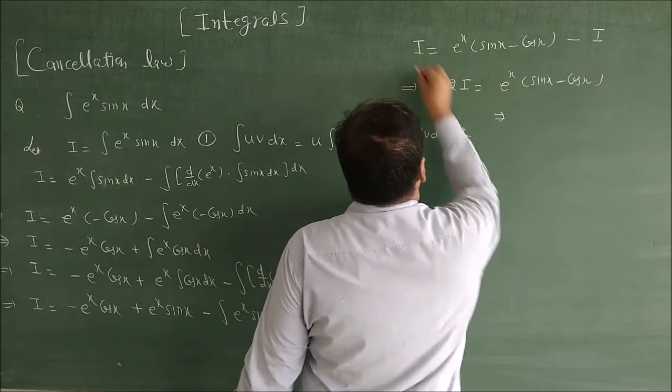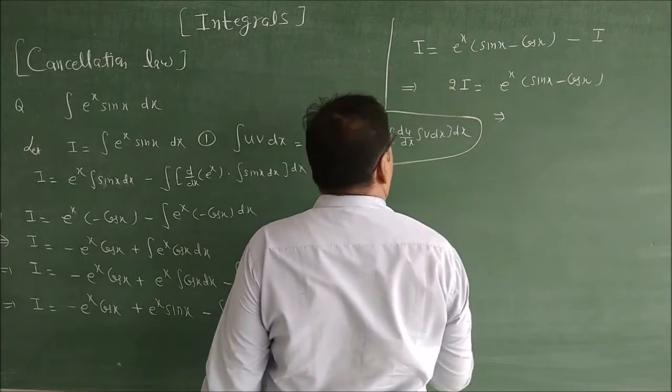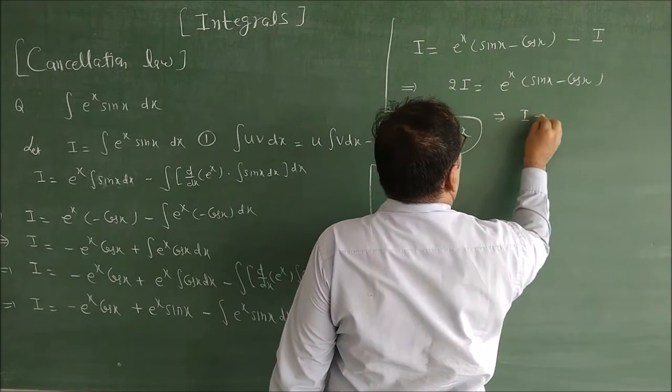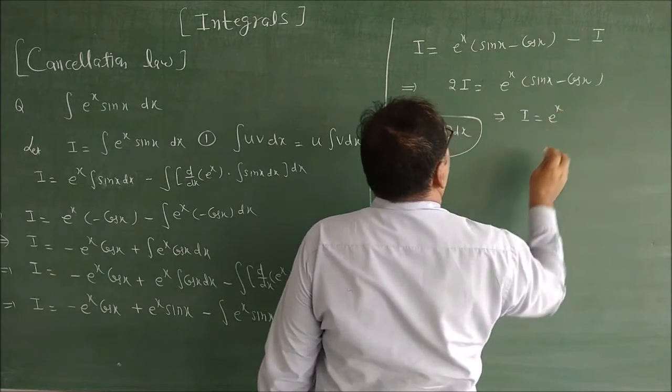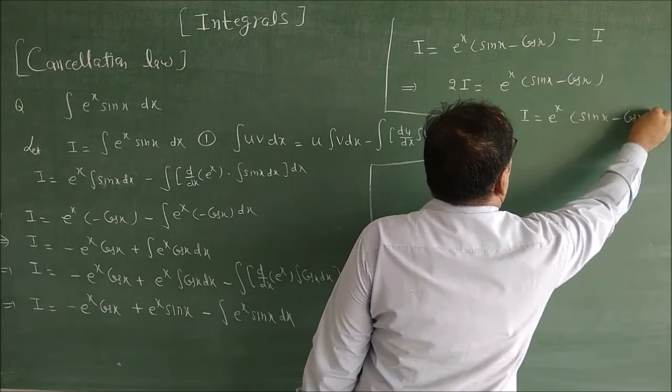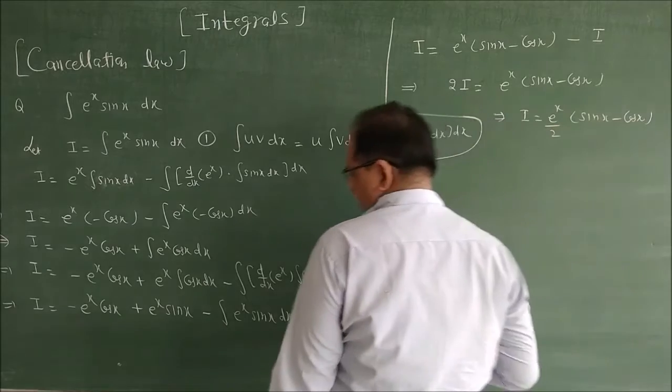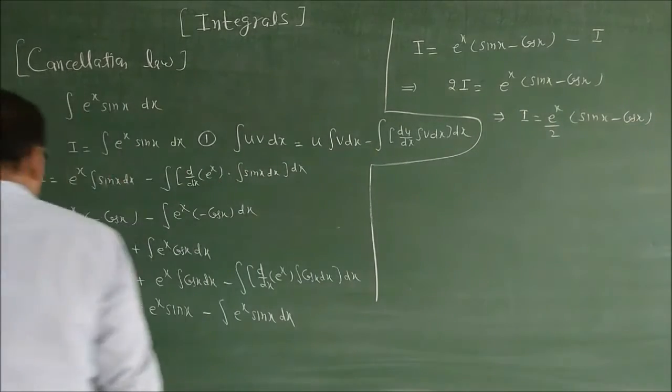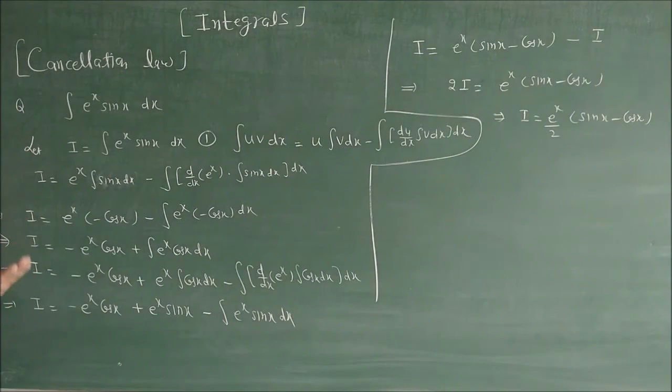So finally you have I equals e to the power x (sin x minus cos x) upon 2. So this is the complete process of solving this type of question.